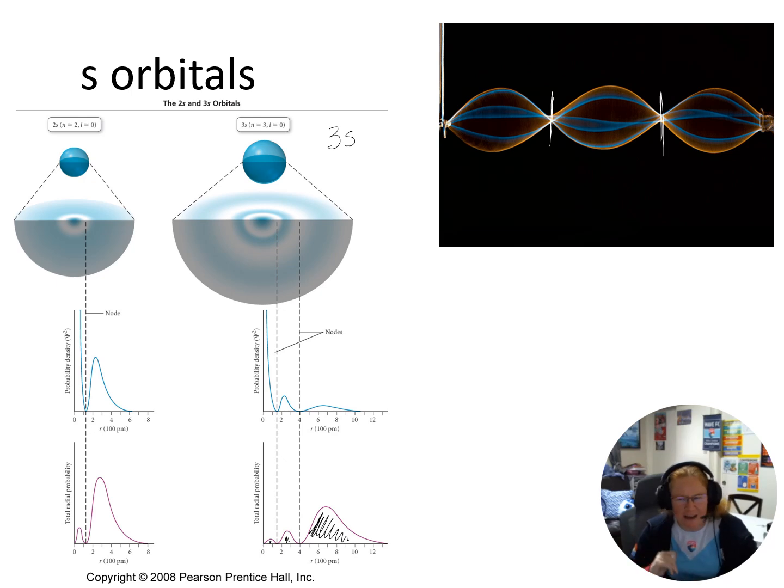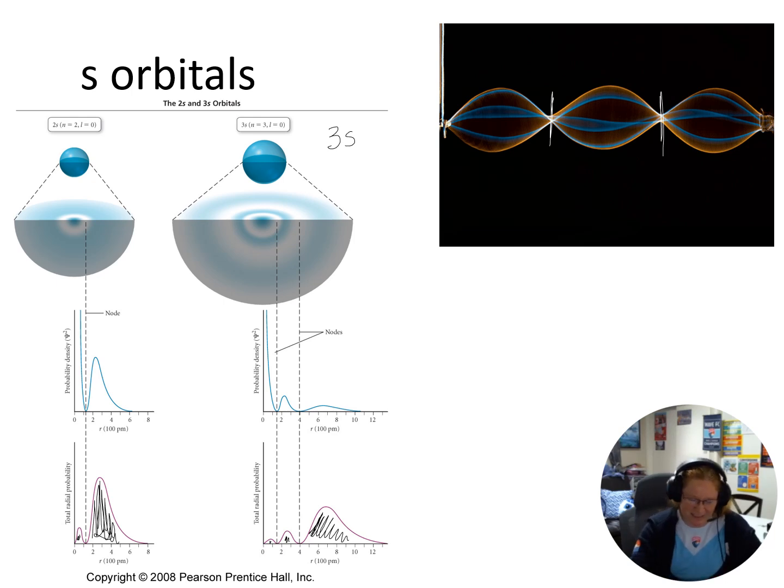It doesn't spend a whole lot of time there; the probability of it being closer to the nucleus is much lower than in its normal home in the 3s orbital, but that doesn't mean it's 0. Same thing over here: we've got the greatest area under the curve at the 2s distance, but there is a little area under the curve at the 1s distance.